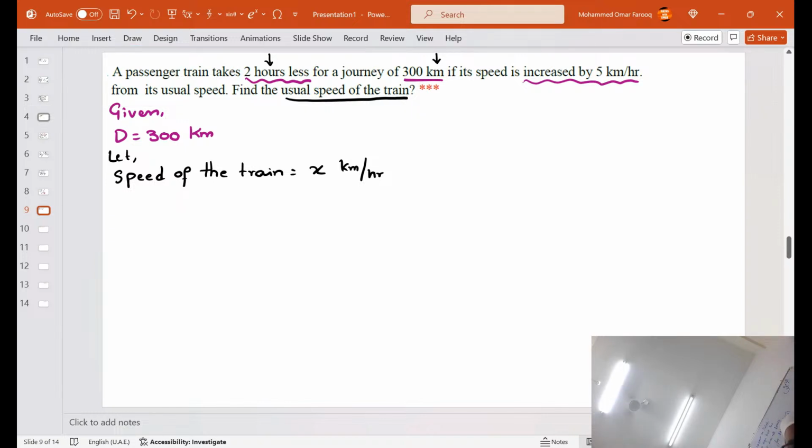If speed is increased by 5 kilometers per hour, you can write increase in speed. Speed increase is equal to 5 kilometers per hour. So that means can I write it as x plus 5? x plus 5.